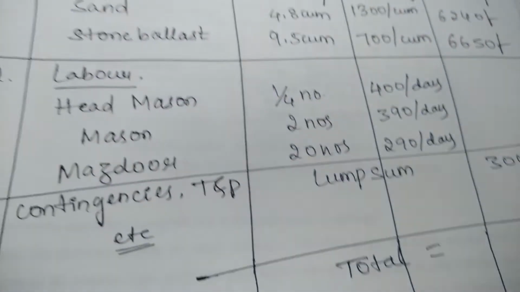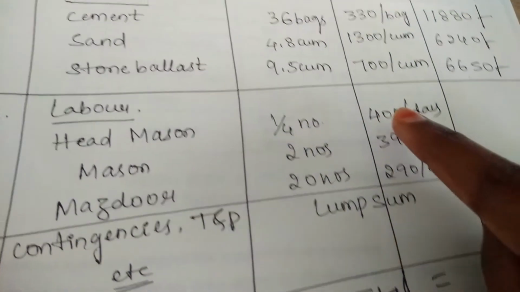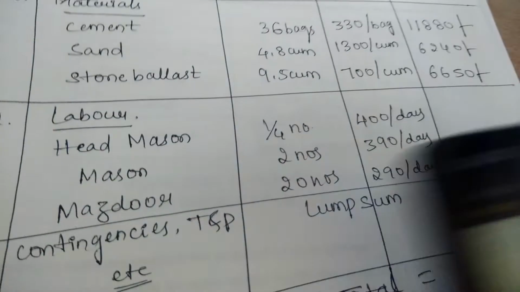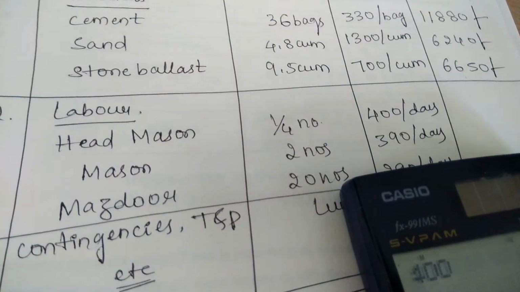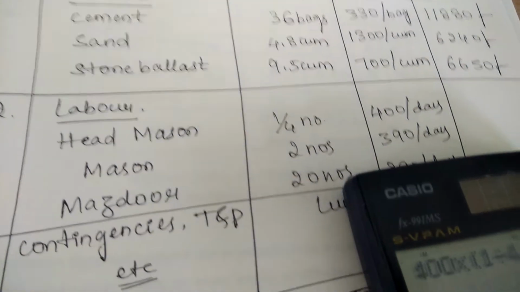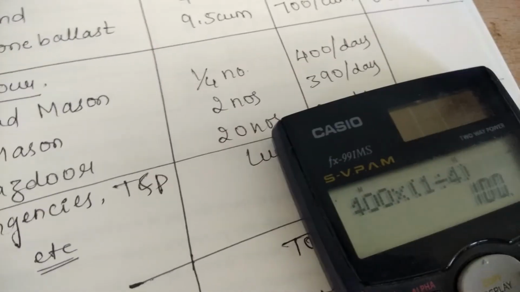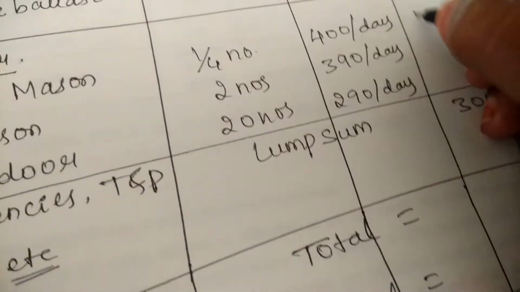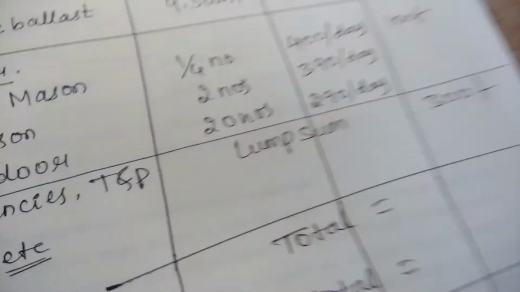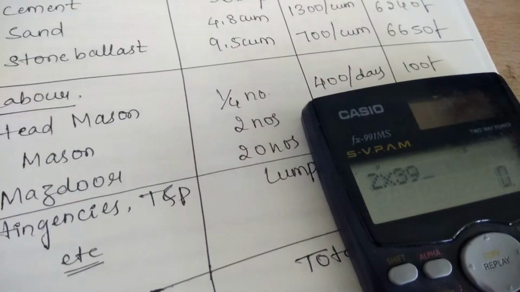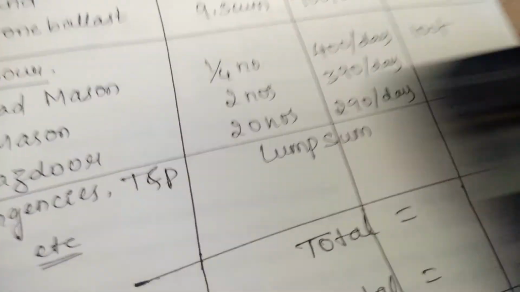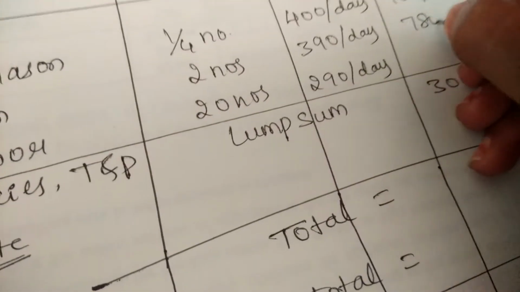Now to find the amount, you have to multiply these two values. Multiply quantity with rate, you will get the amount. So let us multiply this. 400 into 1/4 gives a value of 100 rupees. Then 2 into 390 gives you 780 rupees.